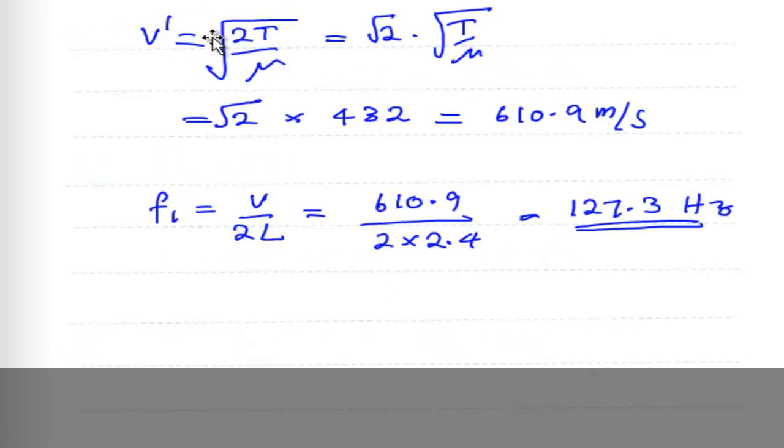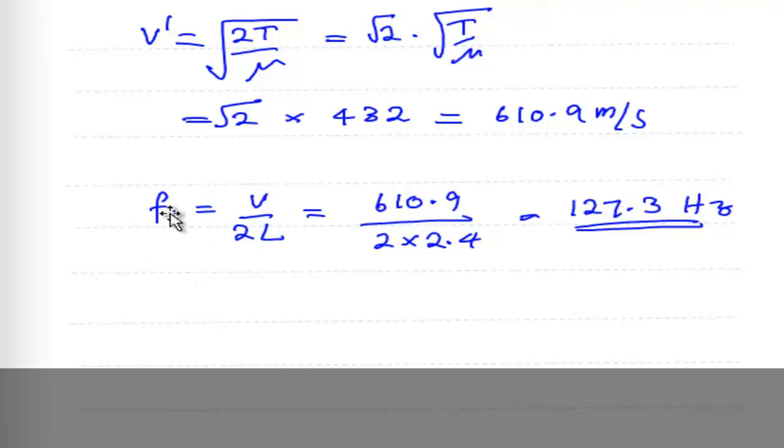Now the new speed would be square root of 2T over mu because T has doubled. So we can write that as square root of 2 times square root of T over mu. But square root of T over mu is the old speed, which is 432. So the new speed would be square root of 2 times 432, which is 610.9 meters per second.